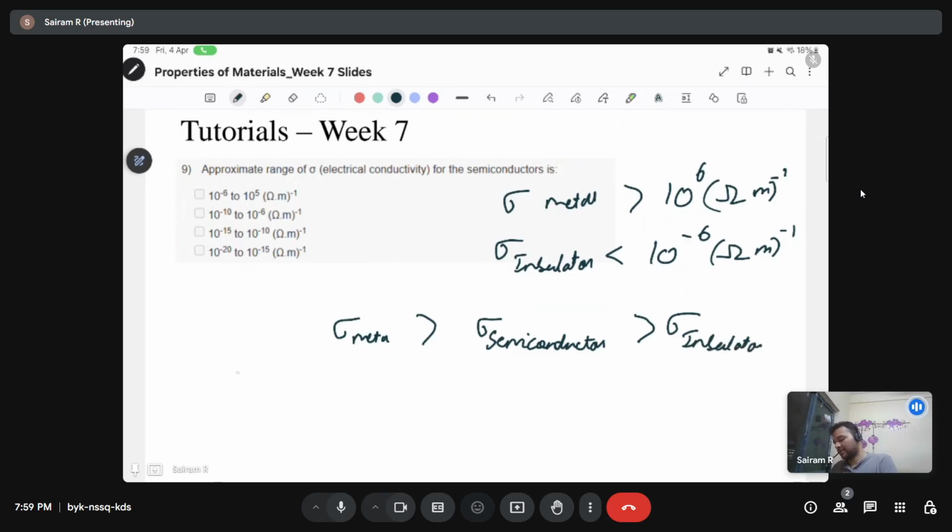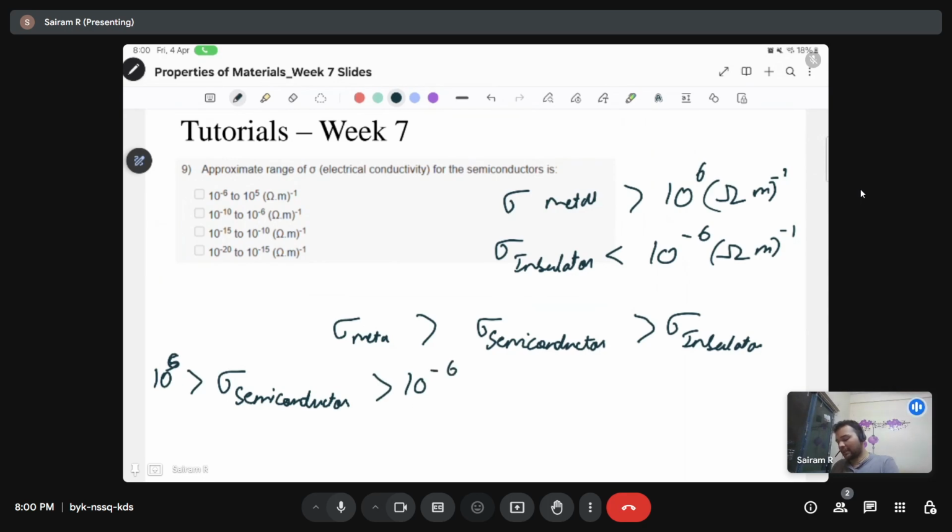So what we end up with for semiconductor is 10 power 6 greater than something greater than 10 power minus 6.